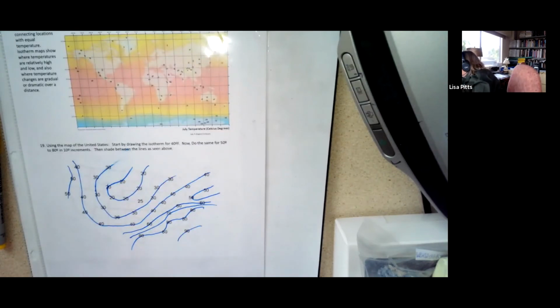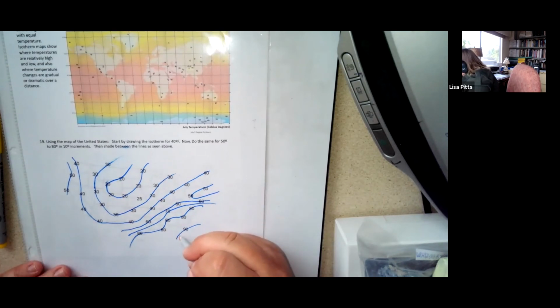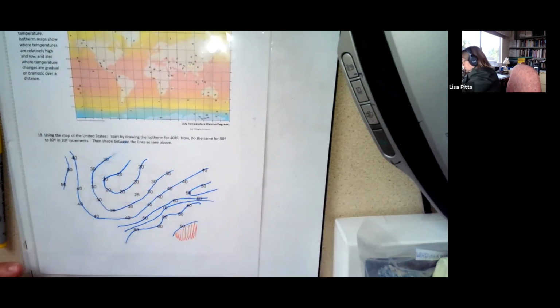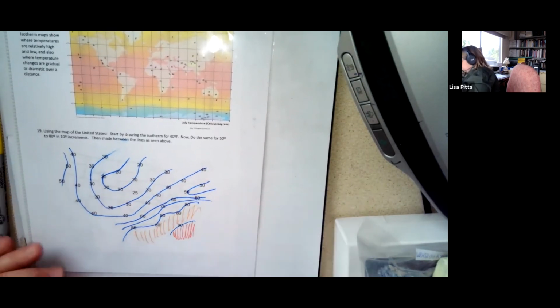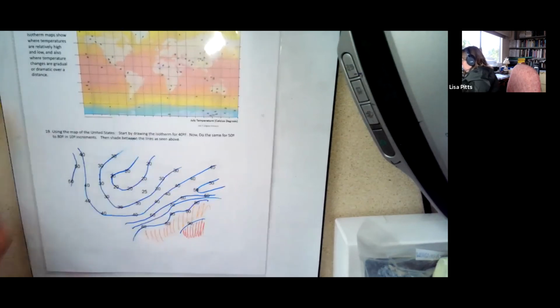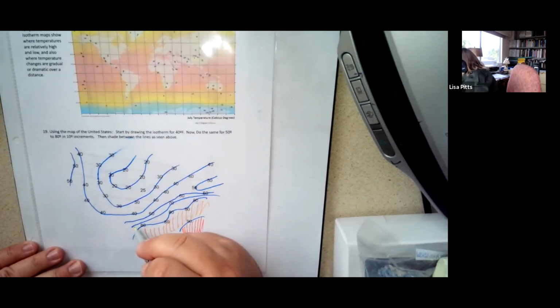Then shade between the lines as seen above. Oh, Jiminy Cricket. Okay, so I guess the 90s are supposed to be in the red areas. And 80s, we'll make it orange. Yellow.